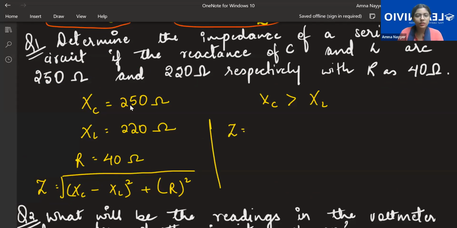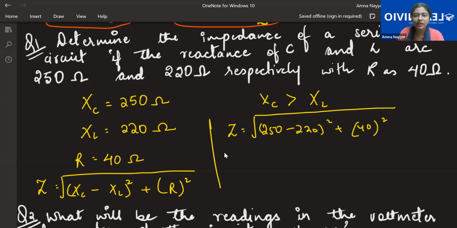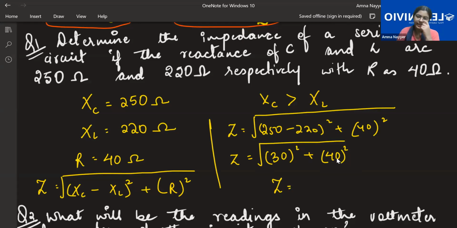Z is equal to under root 250 minus 220 whole square plus R square, resistance is 40 square. So this is 30 square plus 40 square under root, which is 900 plus 1600, 2500.